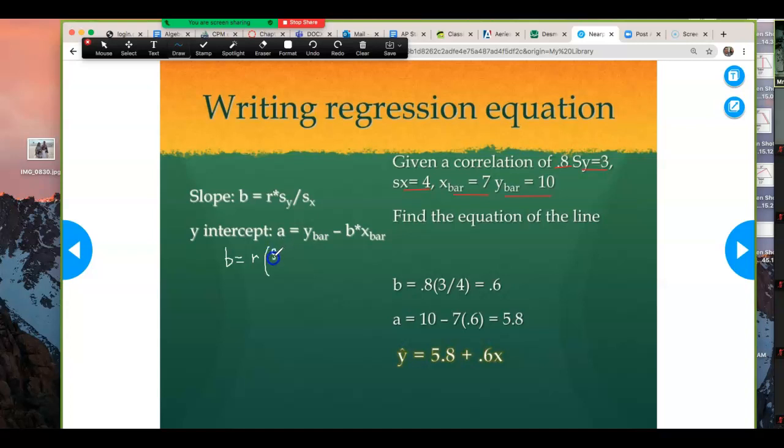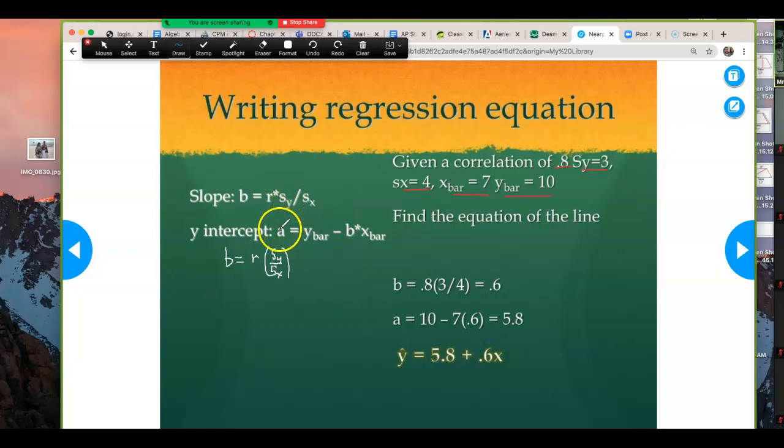I don't like the slash mark. I should have done a fraction like this. So we plug it in. R is 0.8, S of y is 3, S of x is 4. 0.8 times 3 divided by 4 is 0.6.